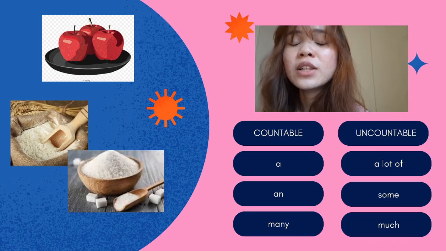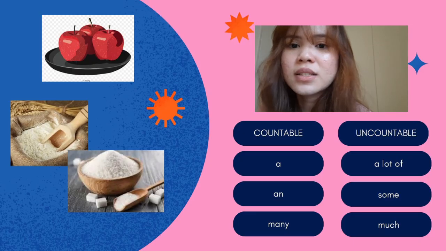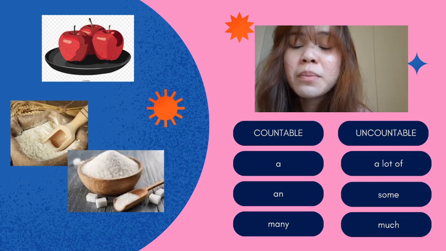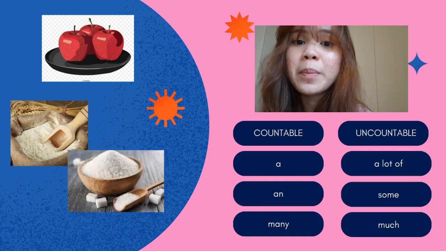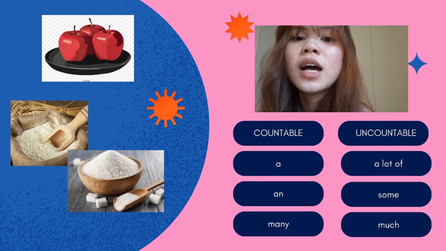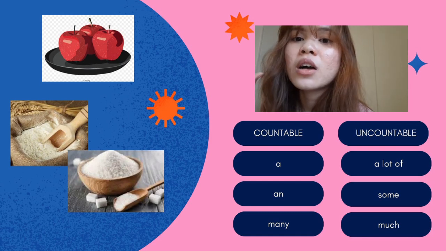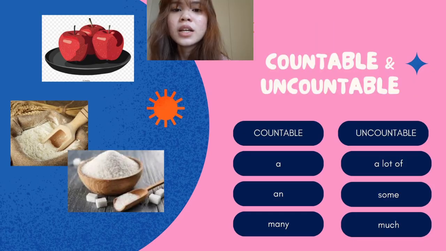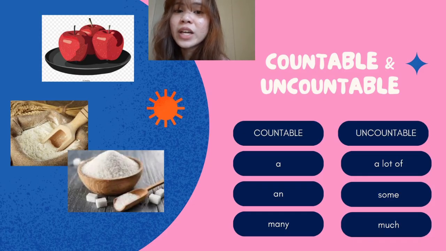To further illustrate, let's look at sentences. I need an apple for my lunch. Here, apple is countable. I need some sugar for the cake. Here, sugar is uncountable. It's important to know the difference because it helps us use the correct quantifiers.